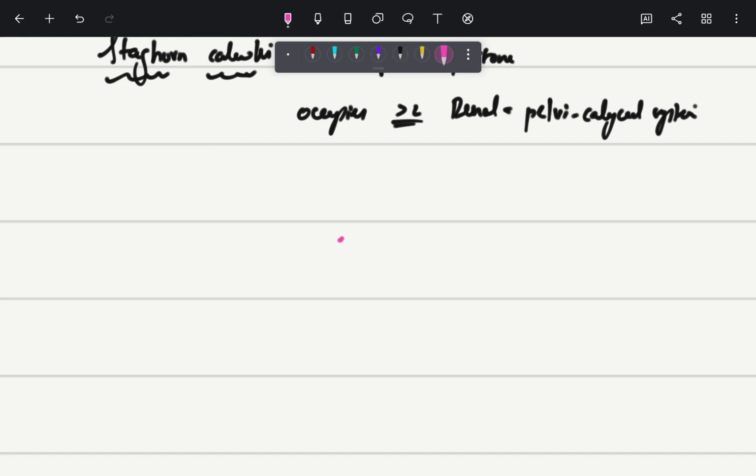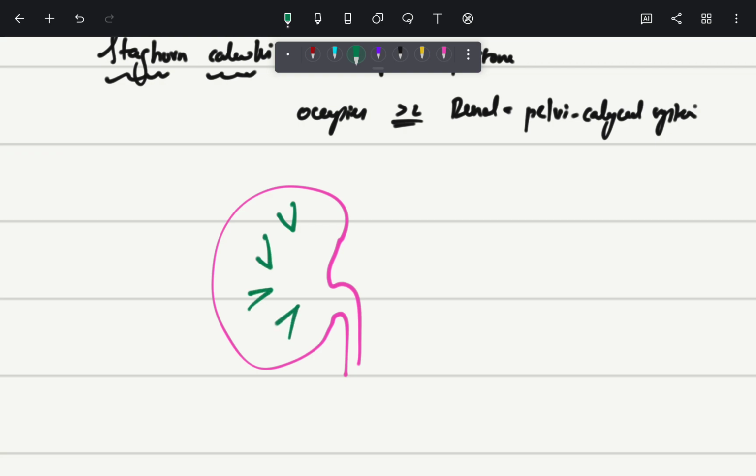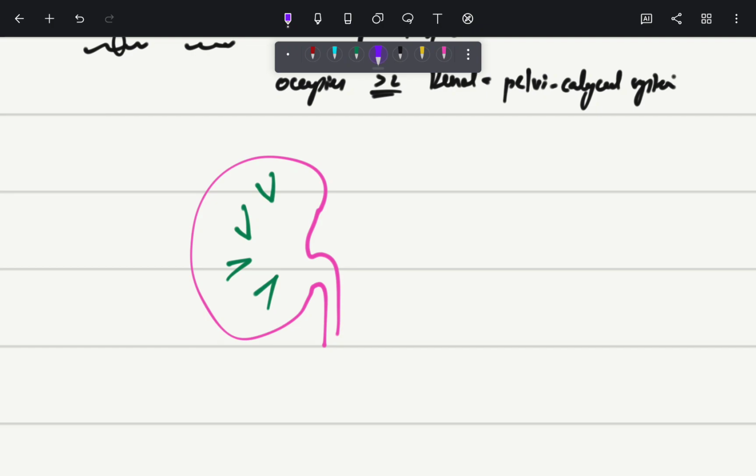So once again, this is the kidney, and we have the renal calyces here, 1, 2, 3 and 4. So here is a phosphate stone, and this phosphate stone is very big, and it is occupying greater than or equal to 2 renal pelvic calcial systems of the kidney.